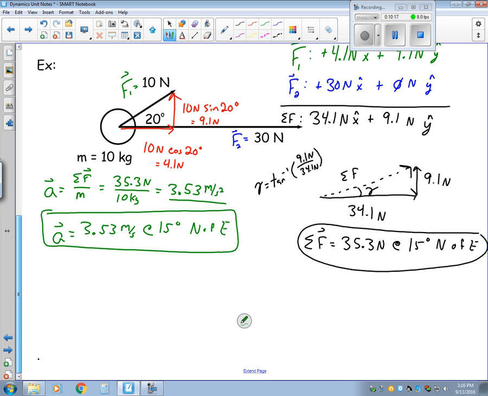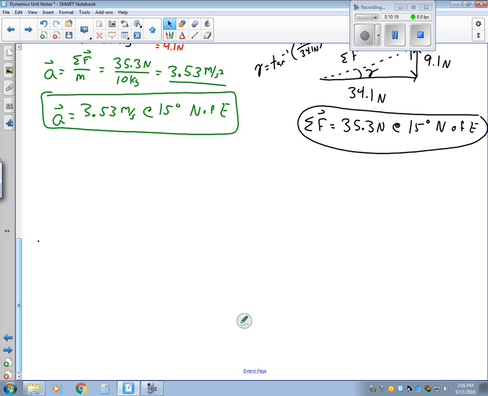At this point, we now know the acceleration. I can start to apply my kinematics models.